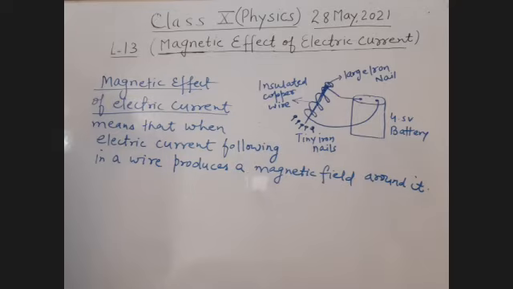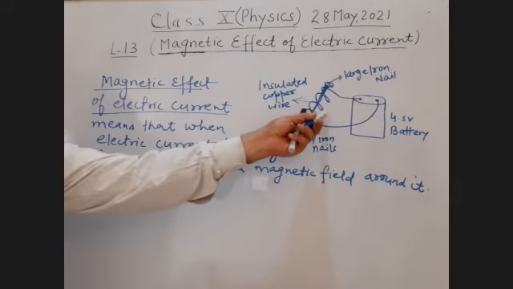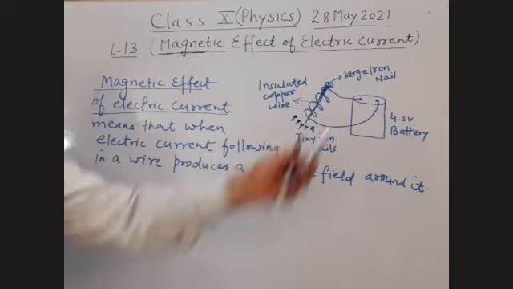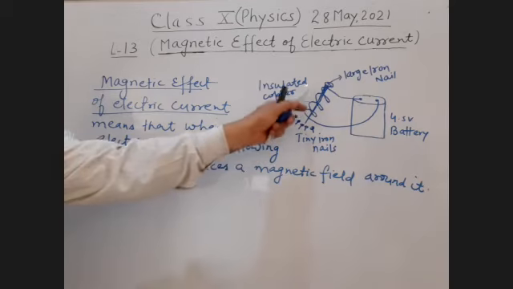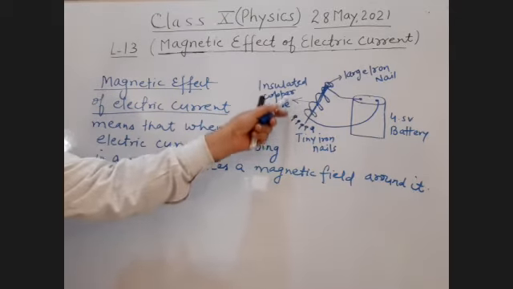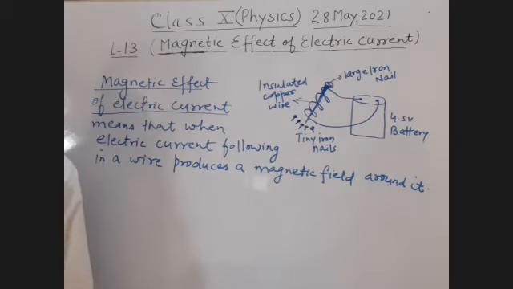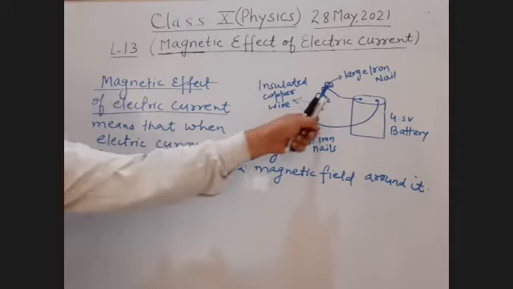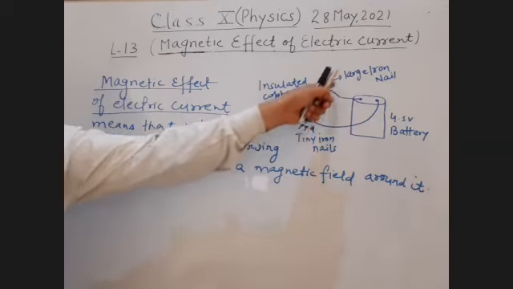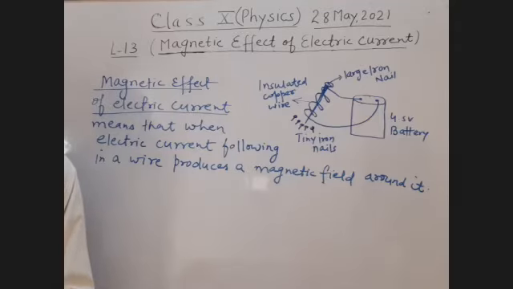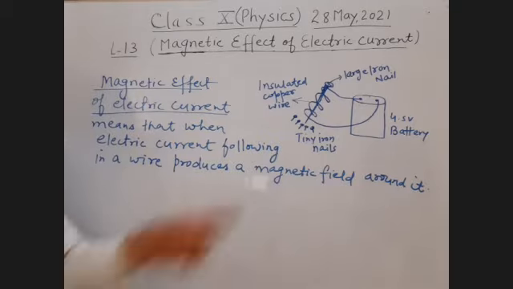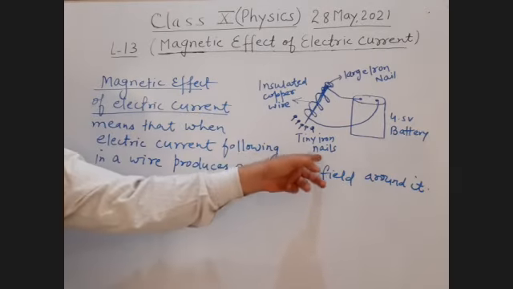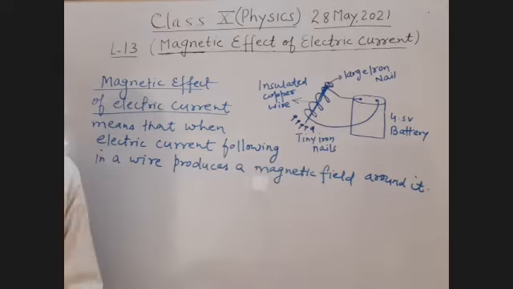As shown in this diagram, when this iron nail, wound by the insulated copper wire, has electric current passing through it, the large iron nail behaves as a magnet by attracting the tiny iron nails toward itself.